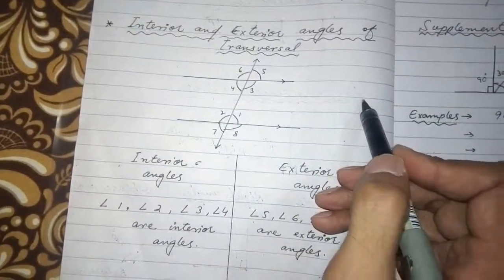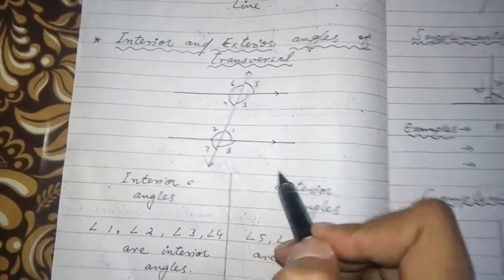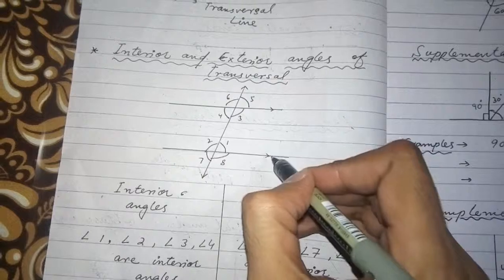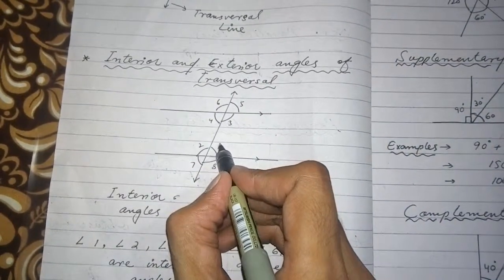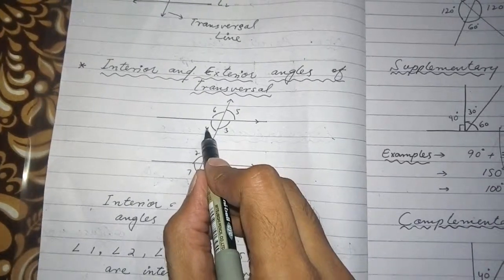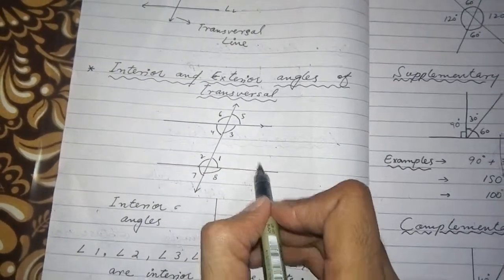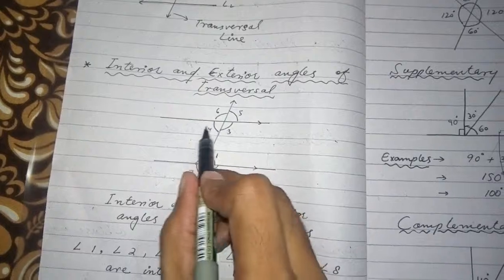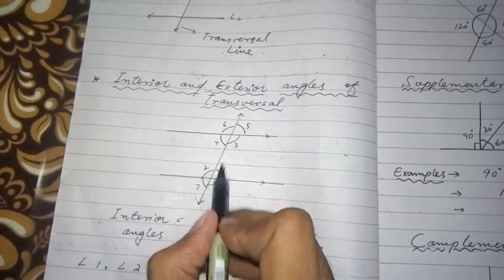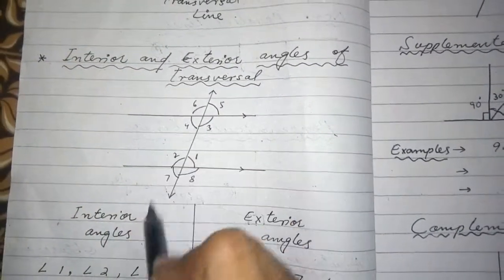What are the interior angles and what are the exterior angles in this? When we talk about the two parallel lines, the interior angles are these: first, second, third, and fourth. Between the two parallel lines, these four angles are formed, so these are the interior angles. And exterior angles are those angles which are outside the lines.